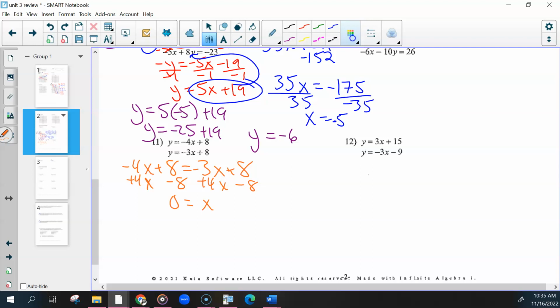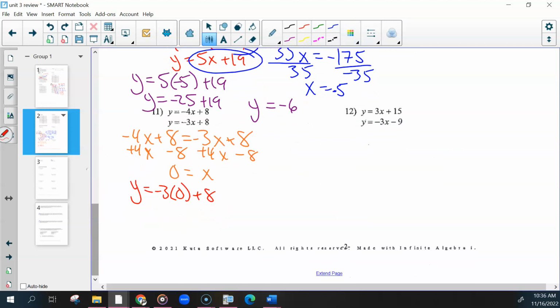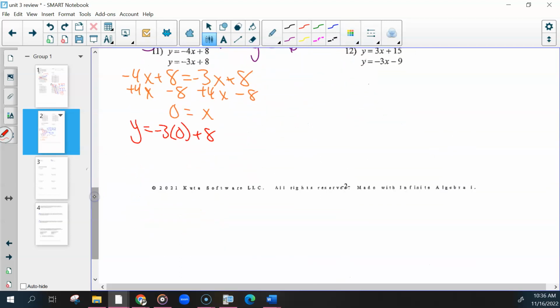In the way I moved everything, I got 0 equals x. 0 can be an answer, that's fine. Then you would put that back in and solve for y. And then once you have your two, put them together as an ordered pair.